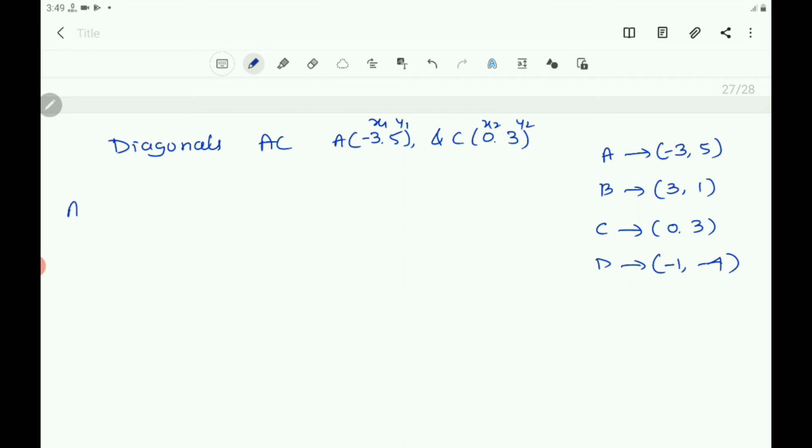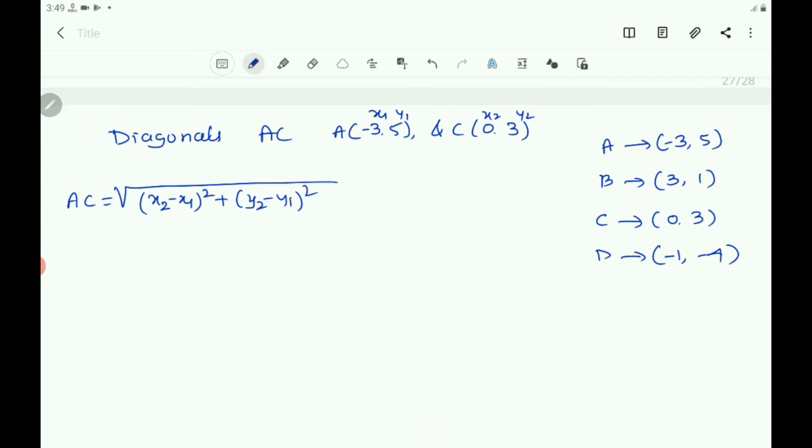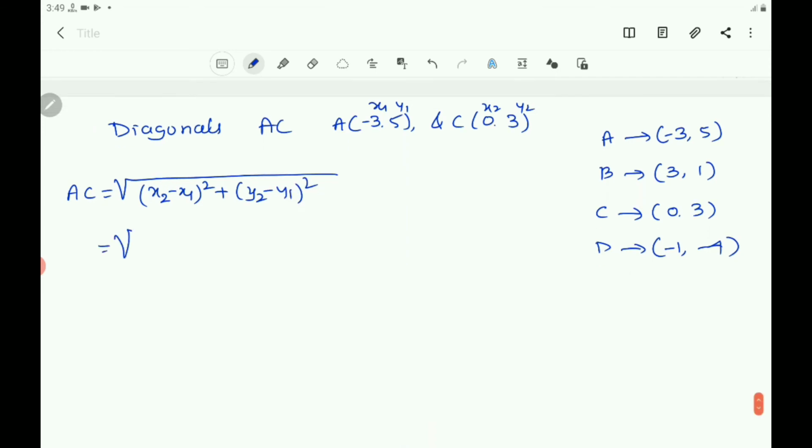So you take AC equals square root of x2 minus x1 whole square plus y2 minus y1 whole square, equals x2 is 0 minus of minus 3 whole square, then y2 is 3 minus 5 whole square.